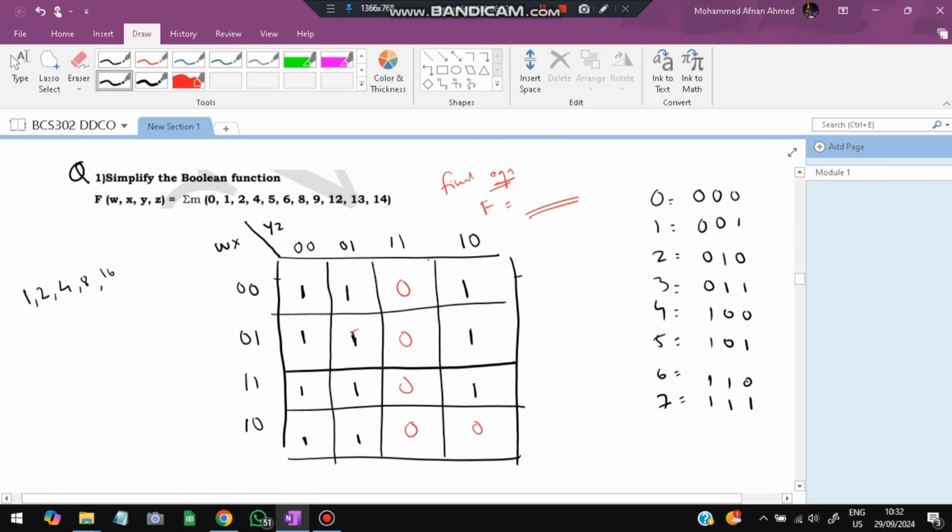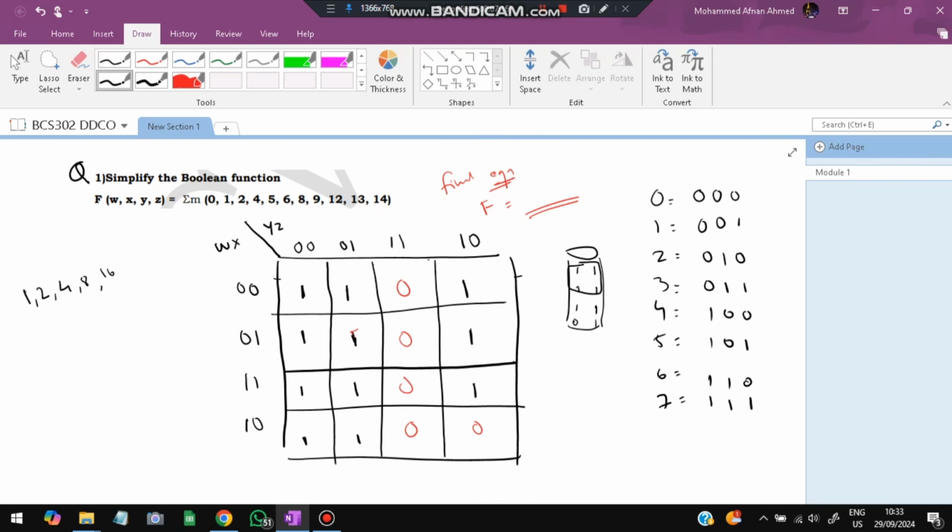So if both ends are connected, how will it look? In a roll of paper, the first column will be this one, 1 1 1 1. This is the first column here, and the end column will be here, 1 1 1 0. So in this case you can still form one group here, right? This is what I'm talking about, that you can form a group through the ends.